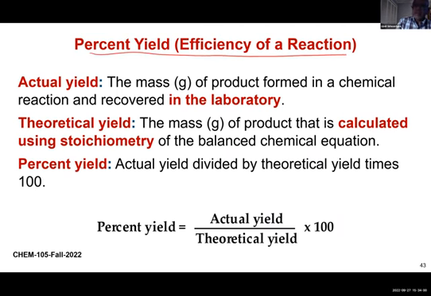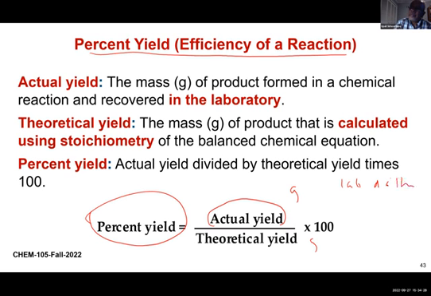The efficiency of a chemical reaction is measured by percent yield. There are two yields in a chemical reaction, both in grams. Actual yield is when you go to the lab, do the experiment, physically do the experiment and isolate products.